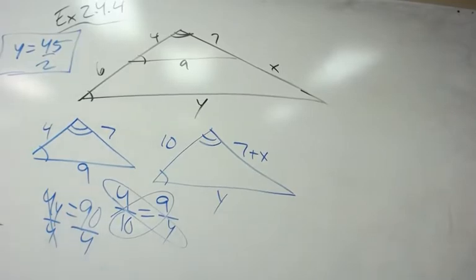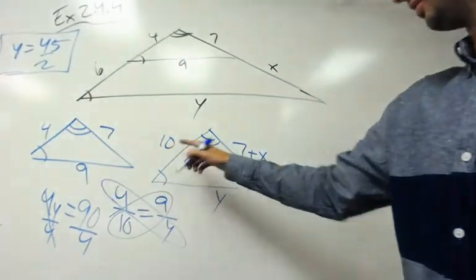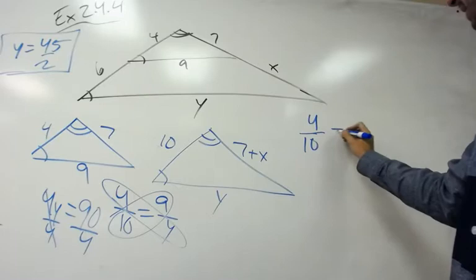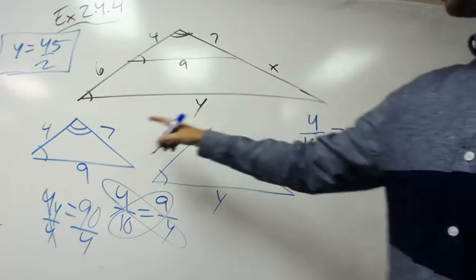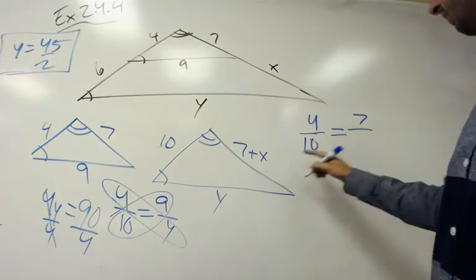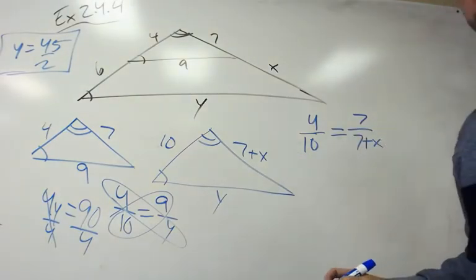So we're going to use our same ratio, 4 over 10 equals, well, we're solving for x, 7 over 7 plus x. Cross multiply.